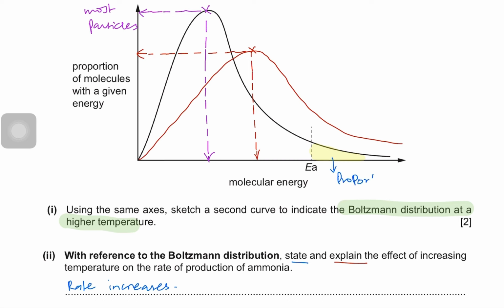So the proportion of particles with energy more than or equal to activation energy is less. But in the blue region, you can see that it has more coverage. It means more particles with energy more than or equal to activation energy. More coverage means more proportion.